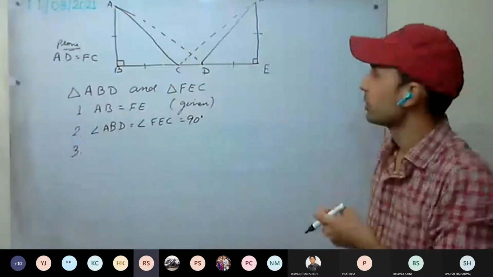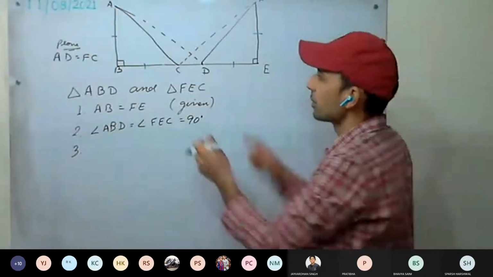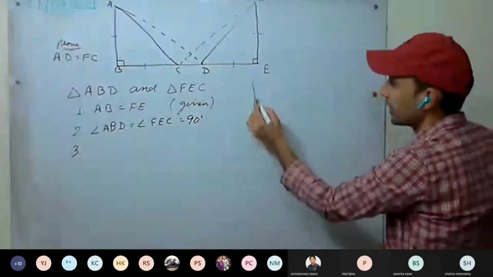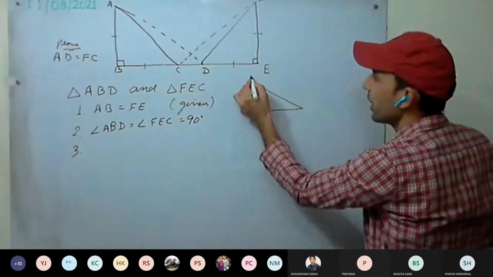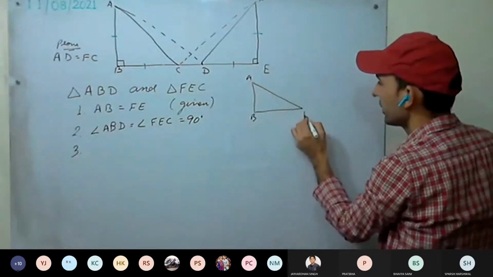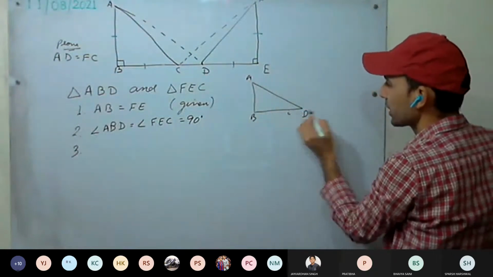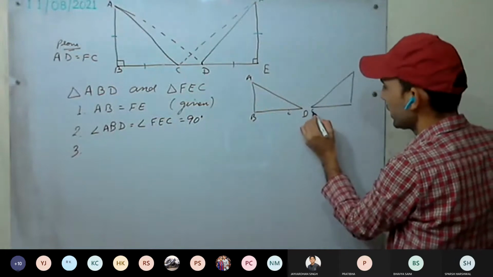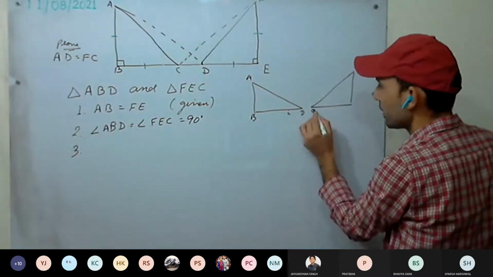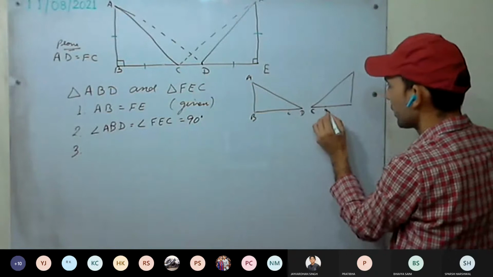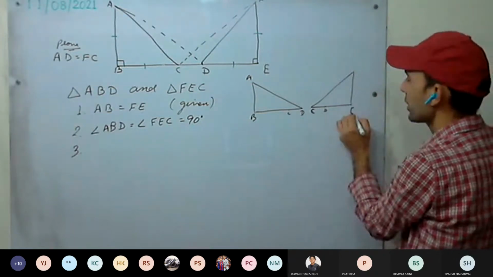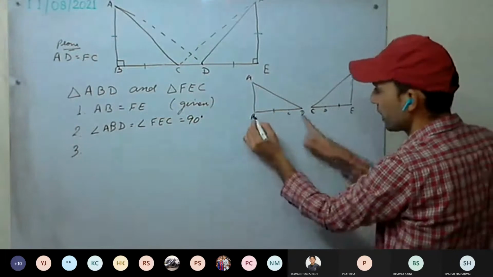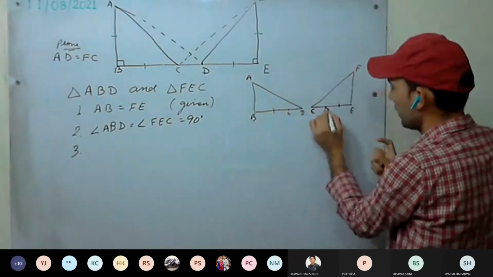This is also DE. In this triangle, what is the side BD? Triangle ABD, and here we have C, another triangle FEC, and here we have D. These two are equal from B to C only.